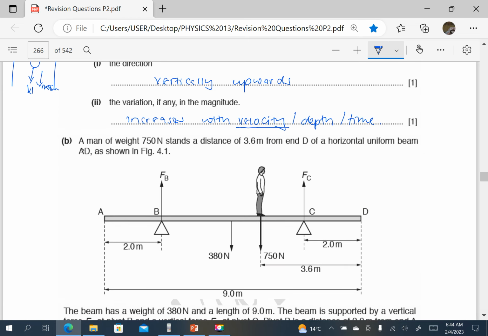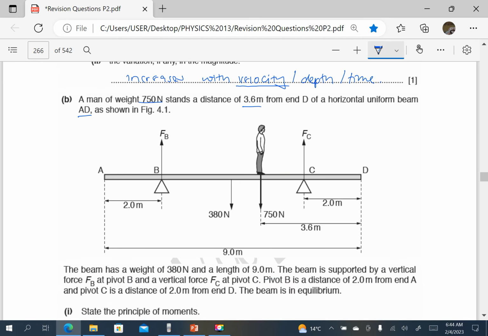Okay, a man of weight 740 Newtons stands at a distance of 3.6 meters from end D of a horizontal uniform beam AD as shown here. So let's look at the diagram.